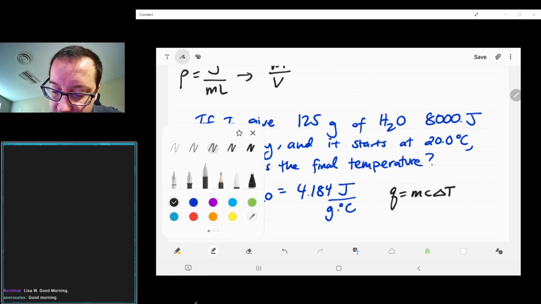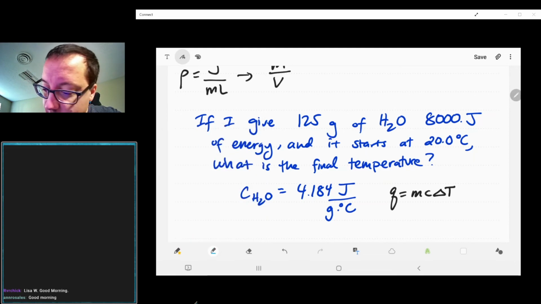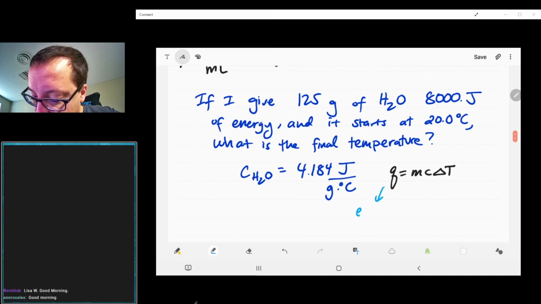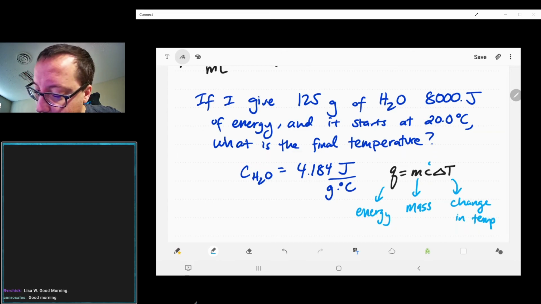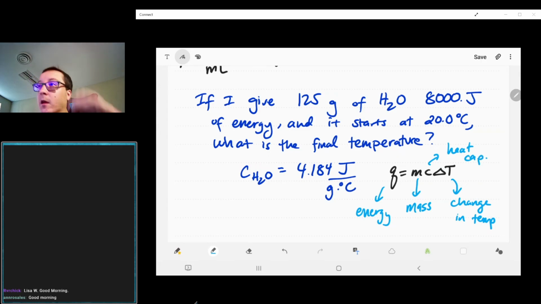So remember our formula, Q represents energy, M is mass, delta T is change in temp, and C is the heat capacity. So let's go ahead and see if we can't take all these numbers out and assign them one of these letters.